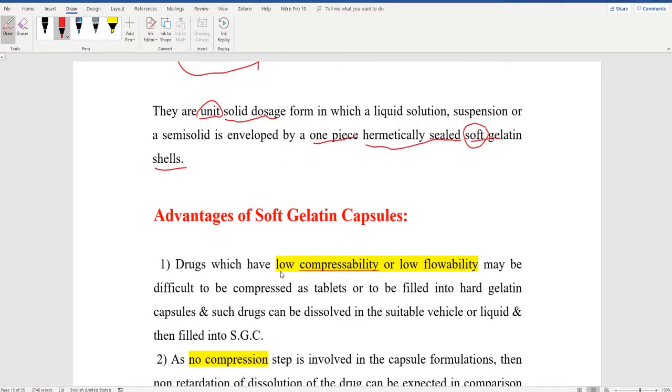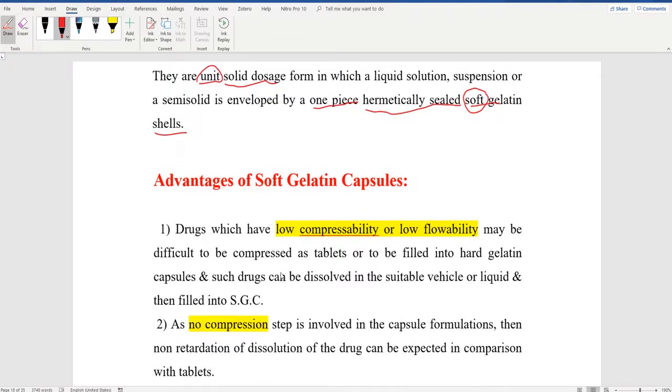One, materials that have low compressibility or low flowability, we can fill as a liquid or semi-liquid or semi-solid in soft gelatin capsules. Remember, in hard gelatin capsules we said that we need to improve the flow, so we add a glidant, and we need to add a diluent to form the plug. Do you remember the plug? Plug.